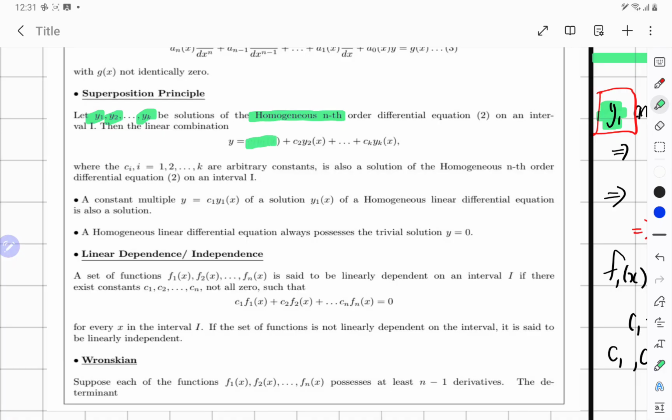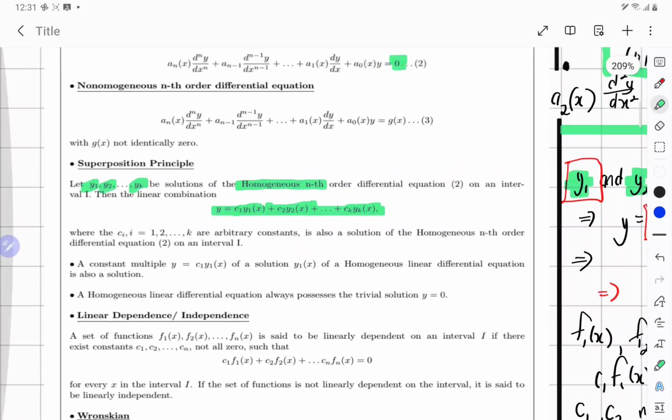That means c1 y1 will be a solution, c2 y2 will be a solution, and so is ck yk. And then when I add them all, that is my linear combination. That will be a solution of my homogeneous nth order differential equation on the interval I.